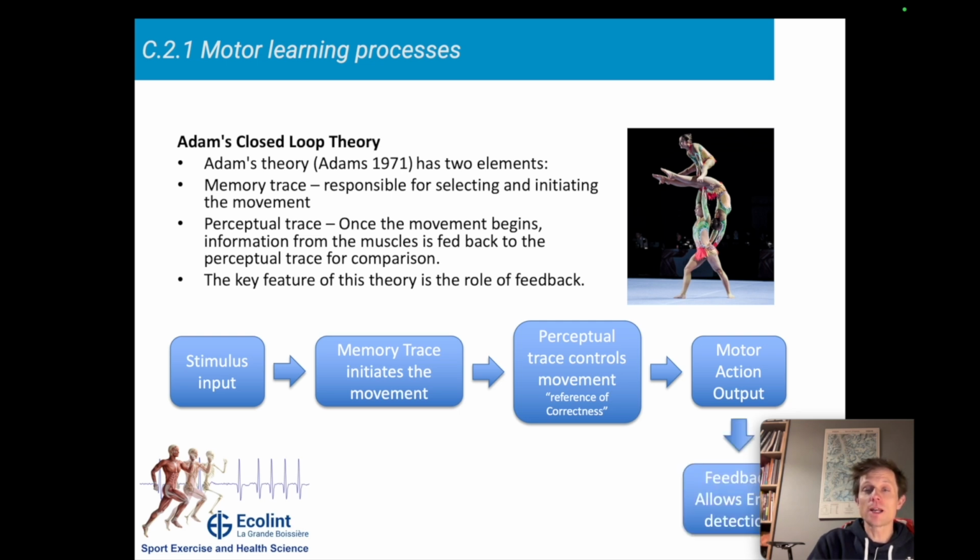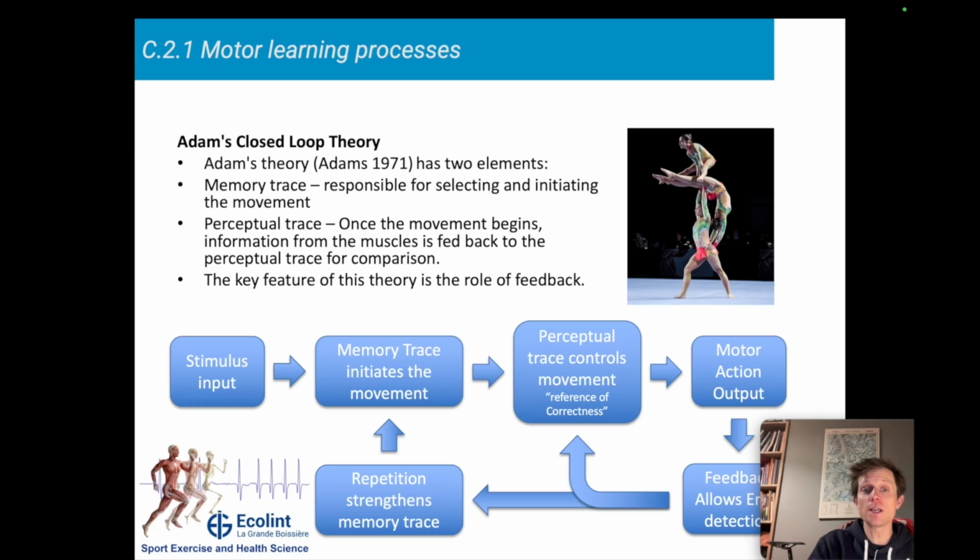And feedback then allows error detection, which feeds back into the perceptual trace and compares the current action with this reference of correctness. The feedback also loops back into the memory trace through repetition. Repetition strengthens this memory trace, increasing its detail and meaning that we're more likely to be able to initiate that movement more accurately and quickly in future examples.